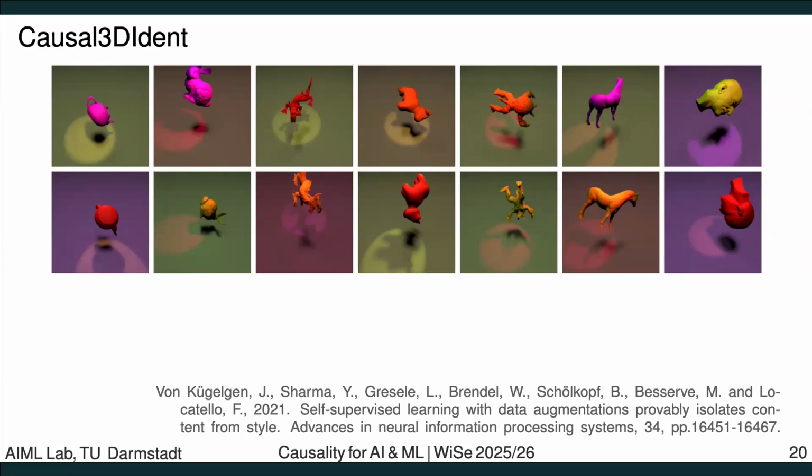You see different lighting conditions, different camera angles, and different poses or transformations of the object itself in the scene. And what we would like is for our model to focus on all of those.